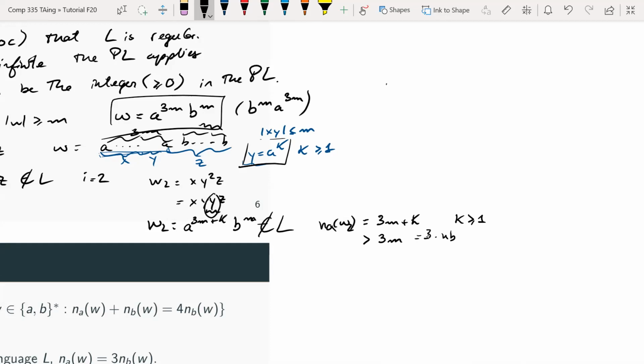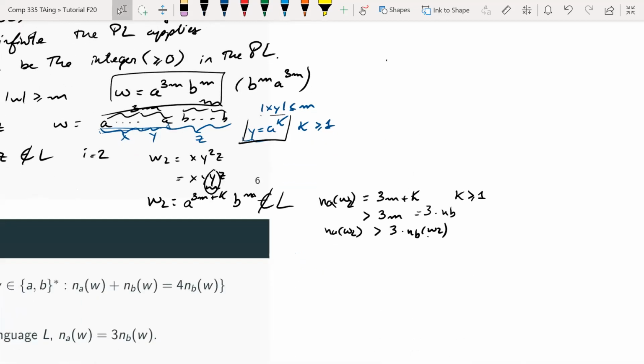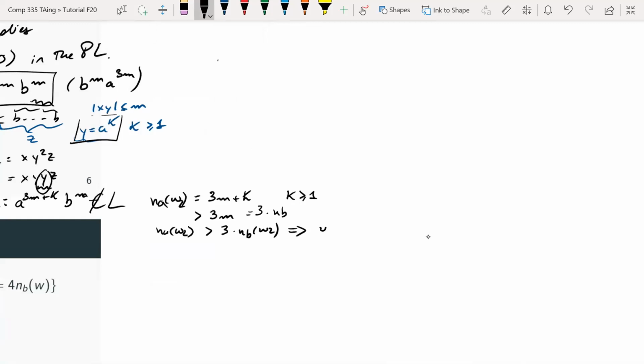And so I have that the number of A's in W^2 is strictly greater than 3 times the number of B's in W^2. And so, of course, that means that the number of A's in W^2 is not equal to 3 times the number of B's in W^2. And so this implies that W^2 is not in L.